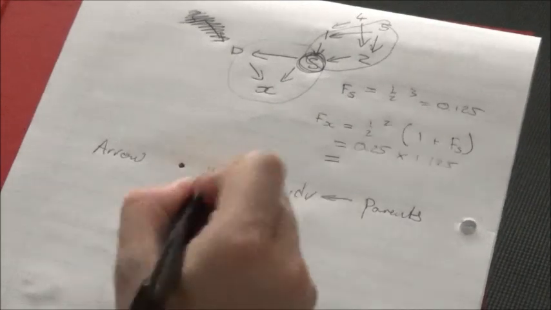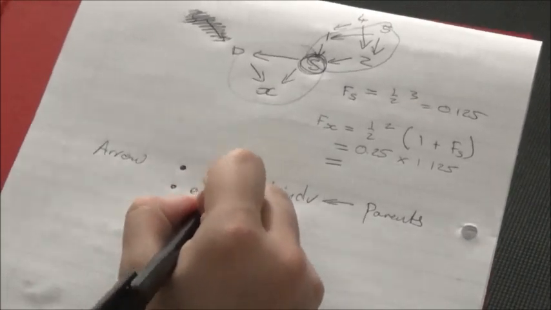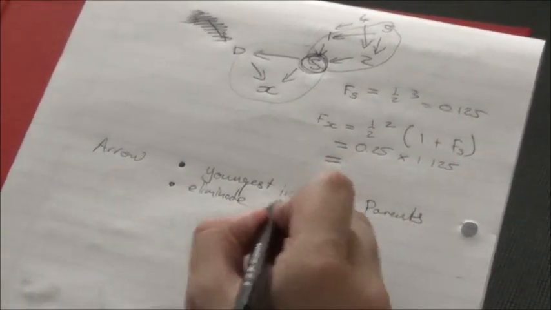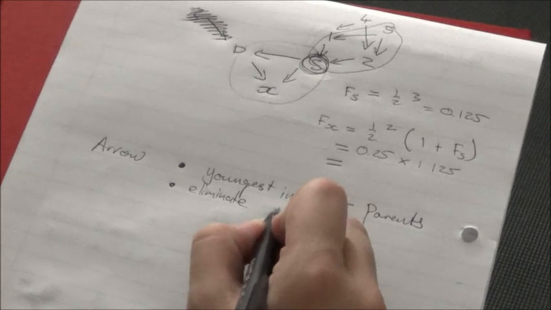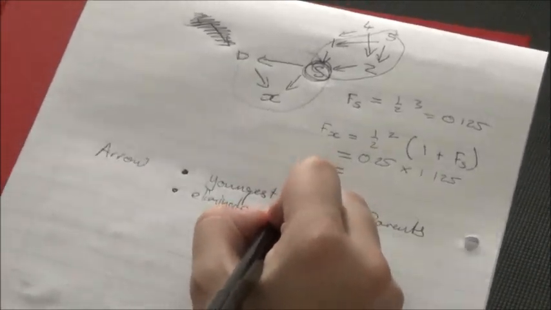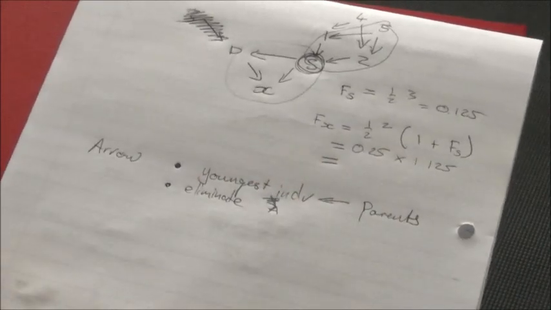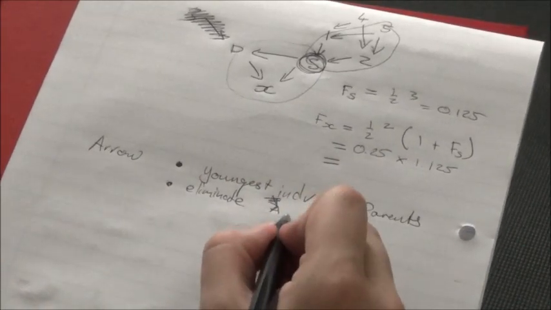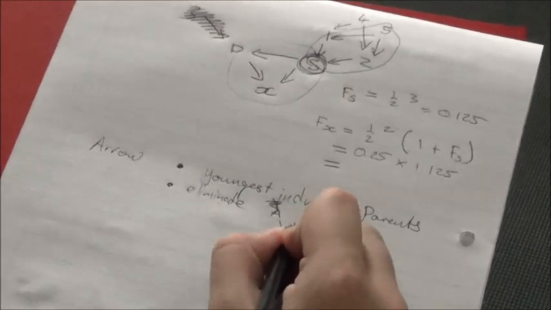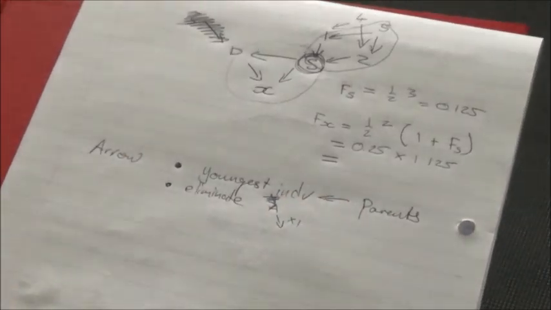Then you're going to eliminate individuals that either, so if this is individual A, don't have any incoming arrows, or only have 1 outgoing arrow.